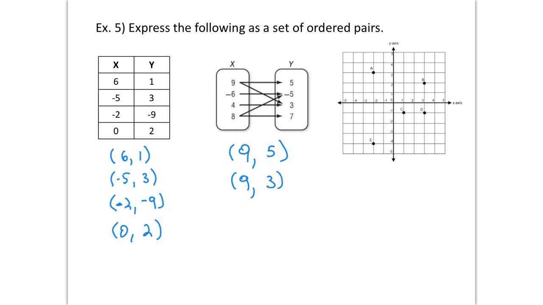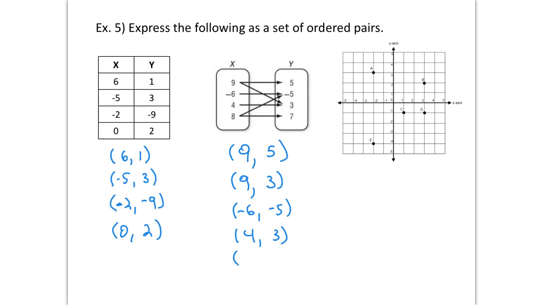The next one only has one arrow, the -6 goes to the -5. The next one is a 4 and it goes to 3. Now the next one, you have an 8. The 8 has 2 arrows, so you're going to have one ordered pair, 8, -5. And the second one is 8, positive 7. So let's write that down.